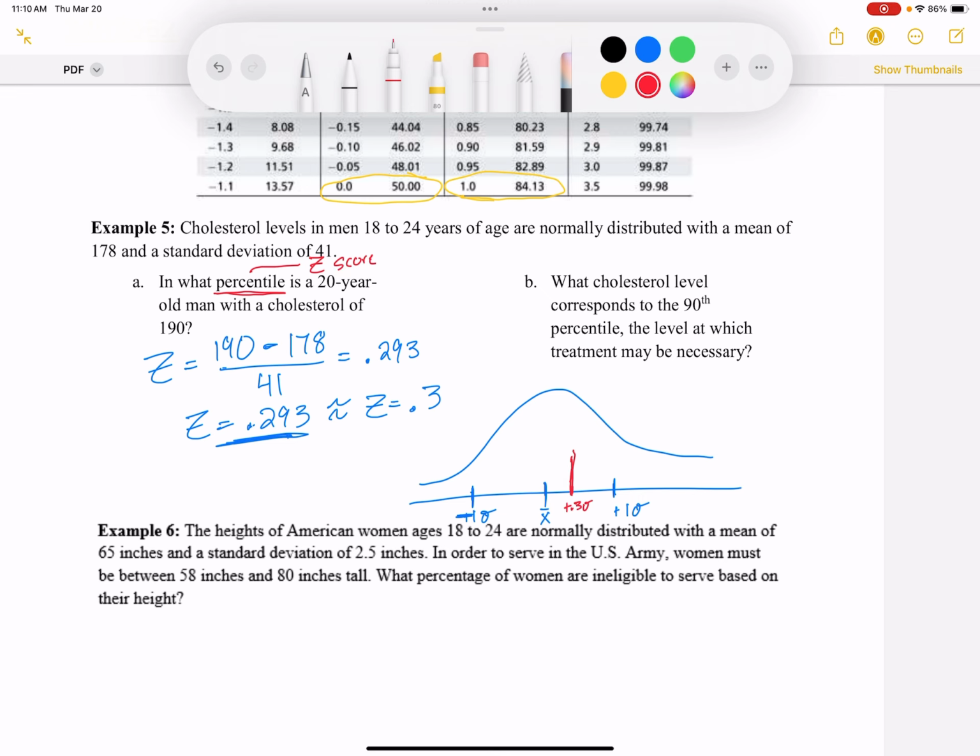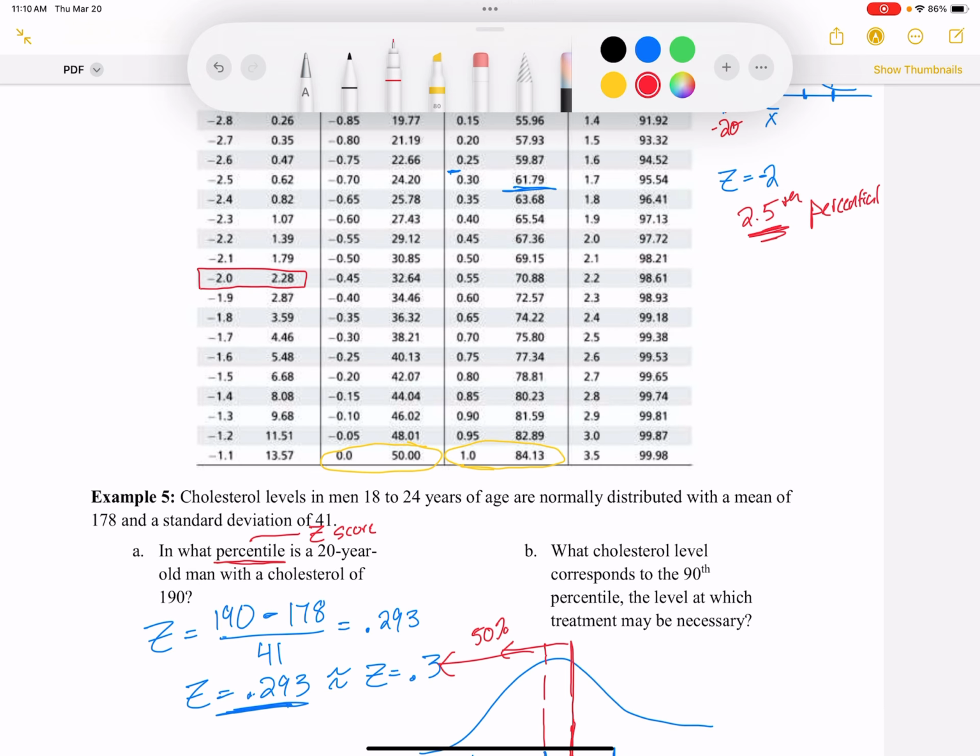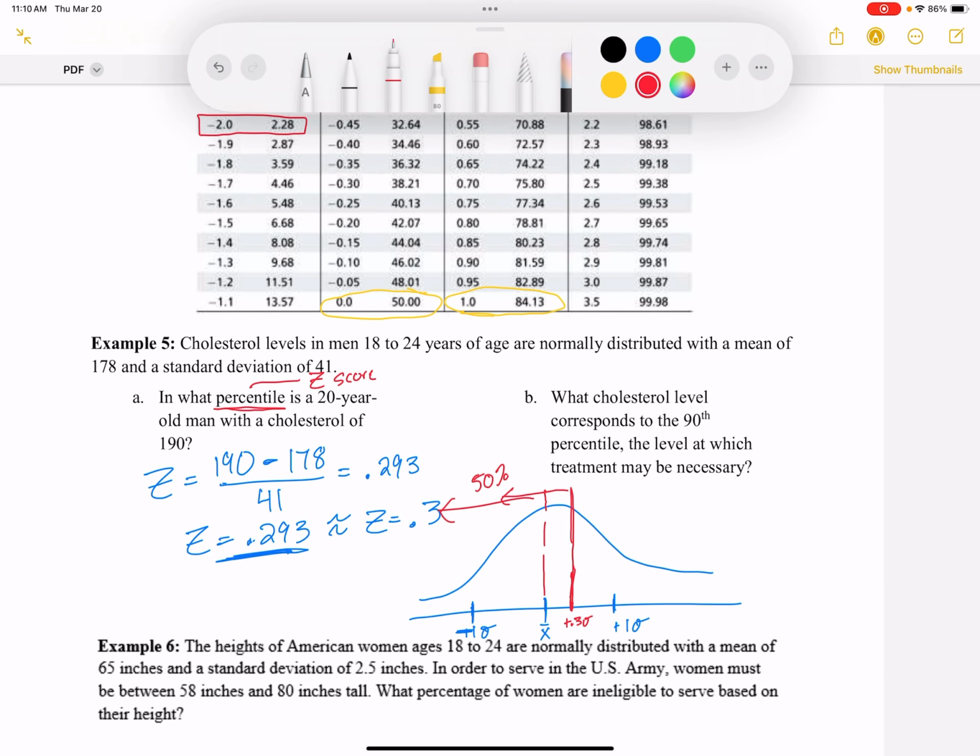I know that right in the middle and down is 50%. From here down is, in this case, 61.79%. So that means in this little gap there's 11.79% of the data, which tracks with what I've been talking about.